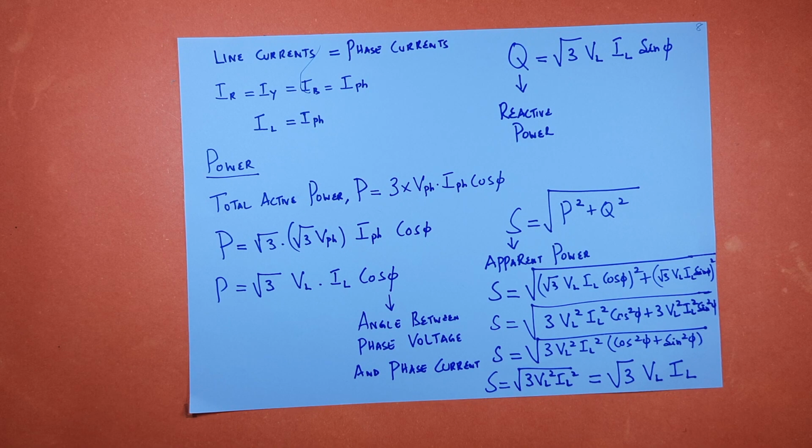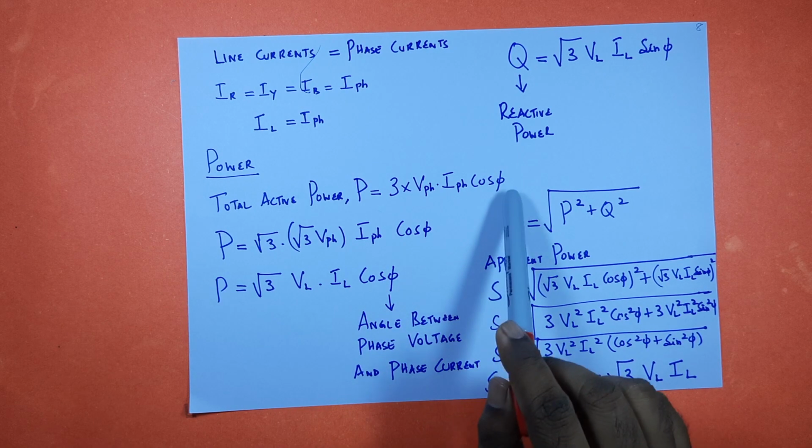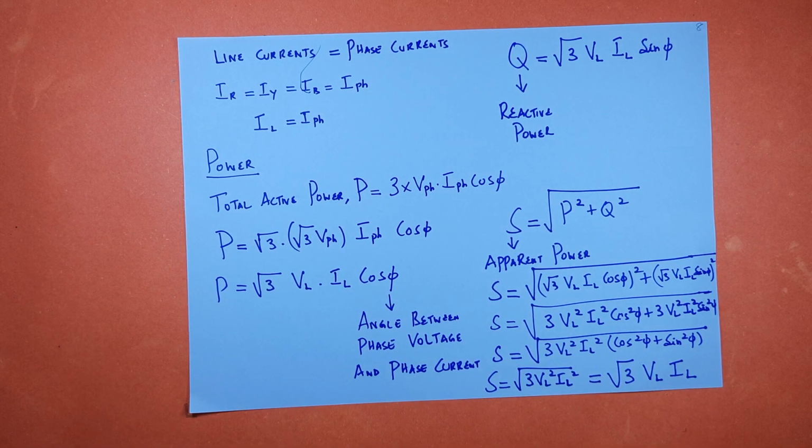Next we shall find expressions for power. Total active power P equal to 3 into V phase into I phase cos phi. Here, V phase I phase cos phi is the power of one phase, that is current multiplied by voltage multiplied by the cosine of the angle between current and voltage.